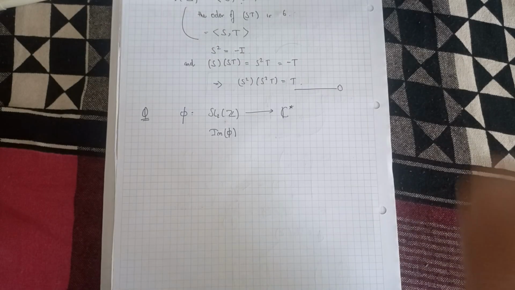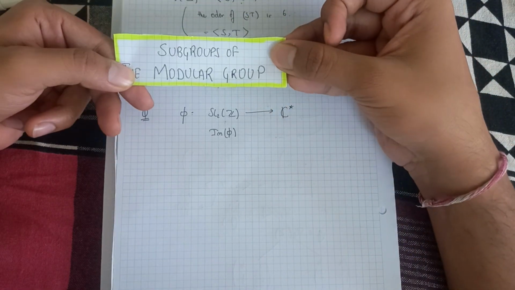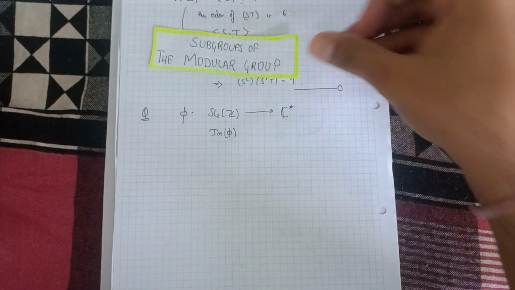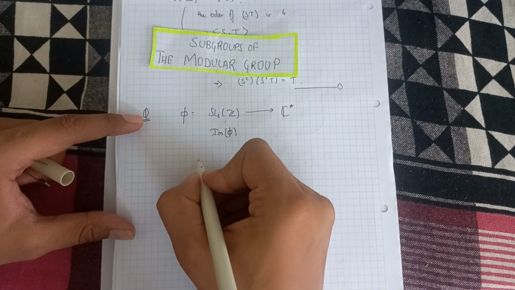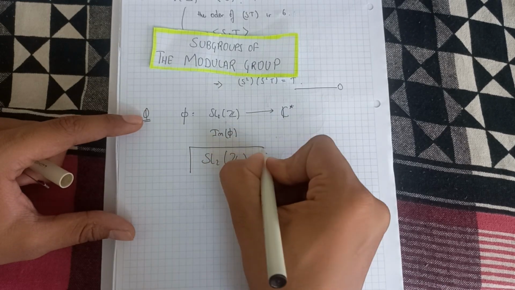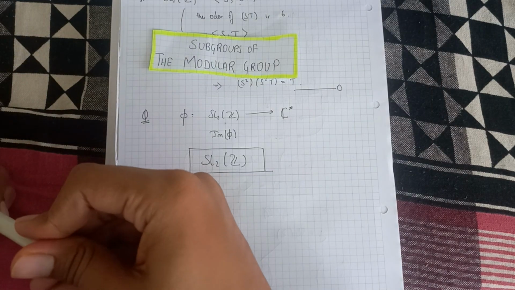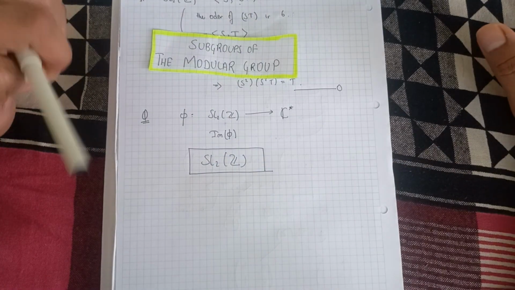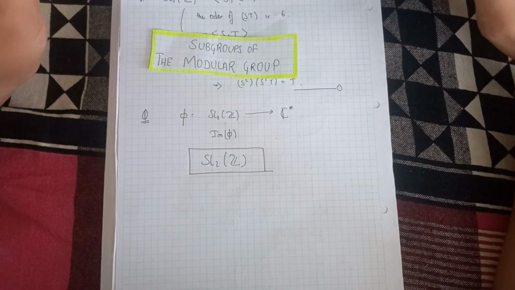We are moving to the next section, which is subgroups of the full modular group. So in this section we are going to discuss subgroups of SL2(Z). As I said earlier, we are developing the theory to get the roots and later see the full picture of the tree.